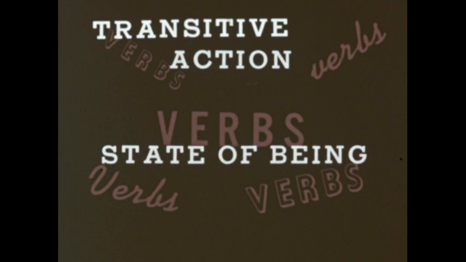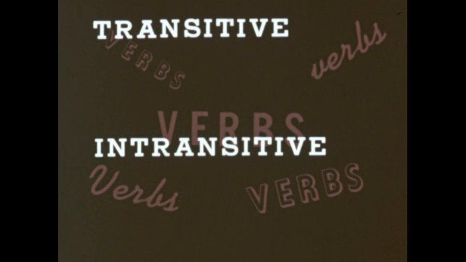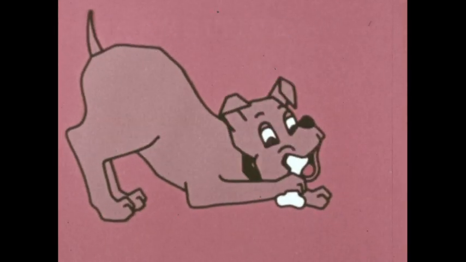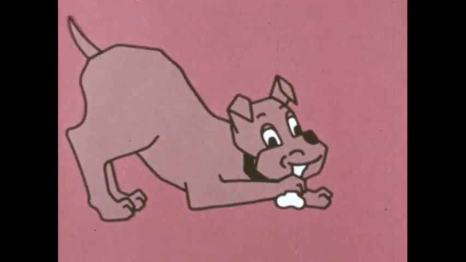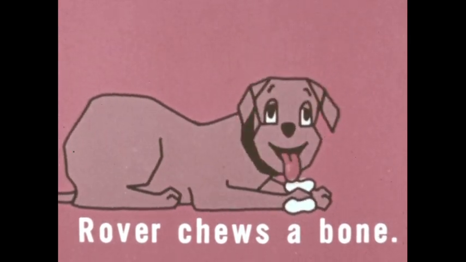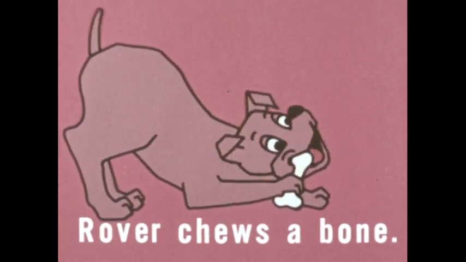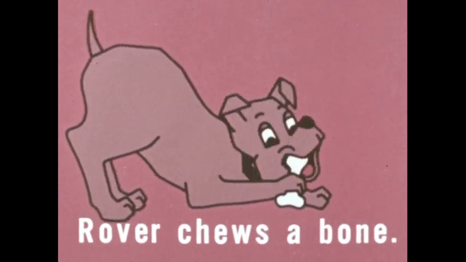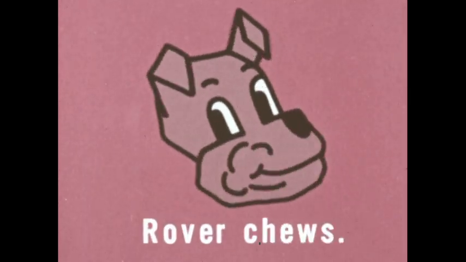Now, verbs can be divided into transitive verbs and intransitive verbs. In describing what Rover is doing, we could say, Rover chews a bone. In this sentence, chews is used transitively. It shows that something, bone, receives an action. We could say merely what Rover does. Rover chews.